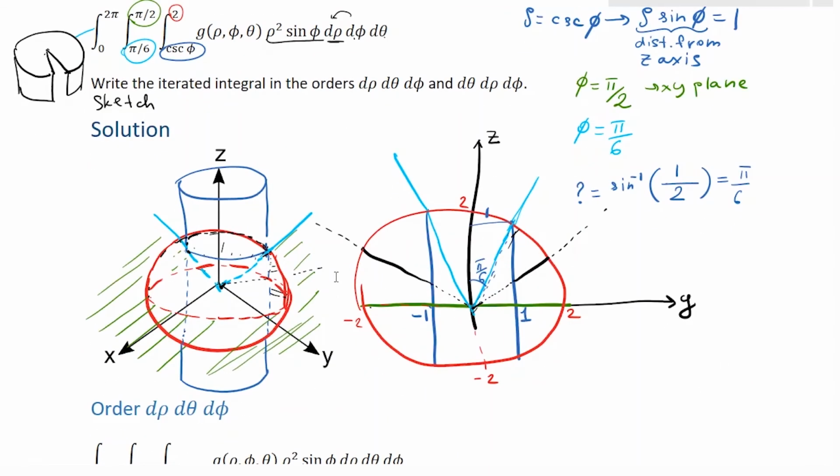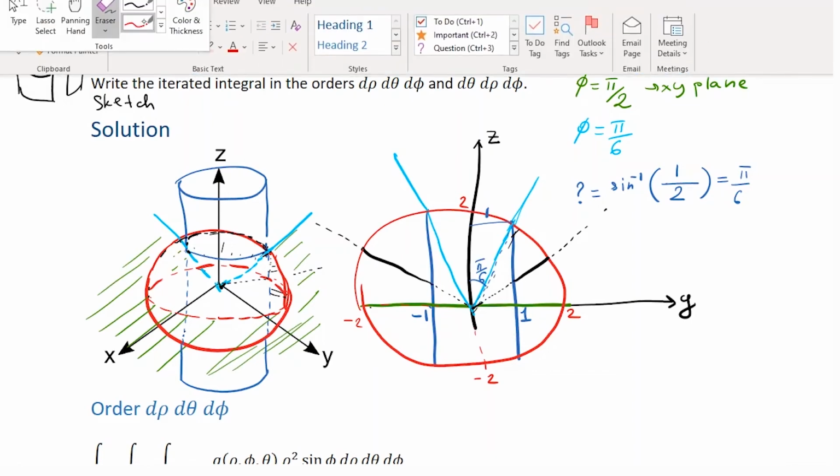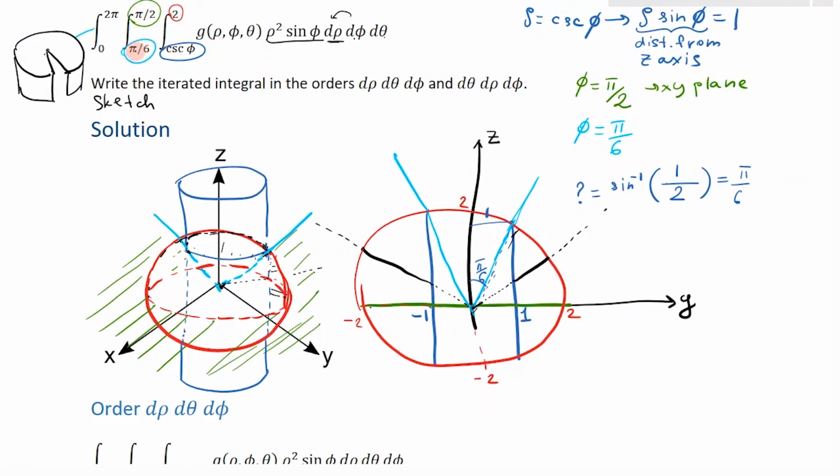Next we have integration over phi, which goes from pi over 6 to pi over 2. This means that these rays will go from the ray that aligns with this cone all the way to pi over 2, all the way until it hits the xy plane.